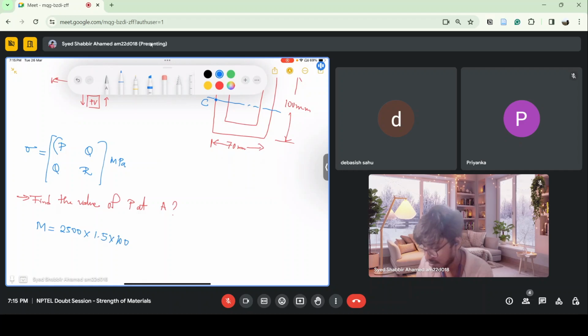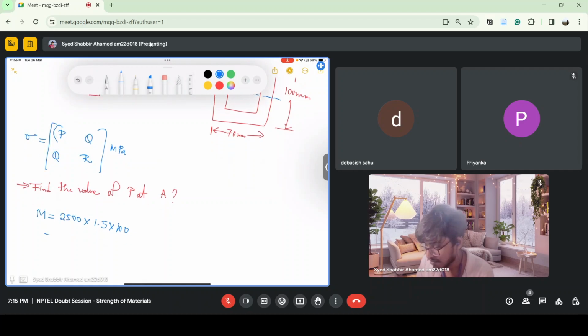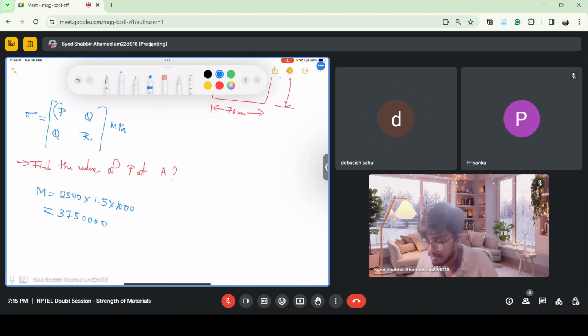Let's take this in mm for convenience of calculation, because I want stresses in megapascal. So the bending moment is 375 into 10 to the power of 4 Newton mm.